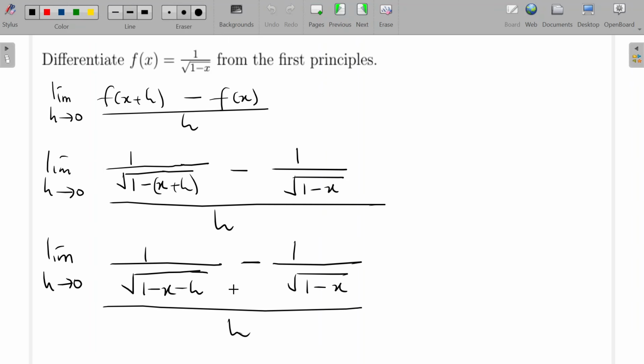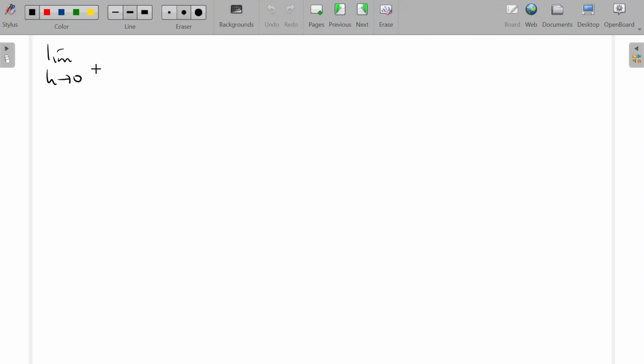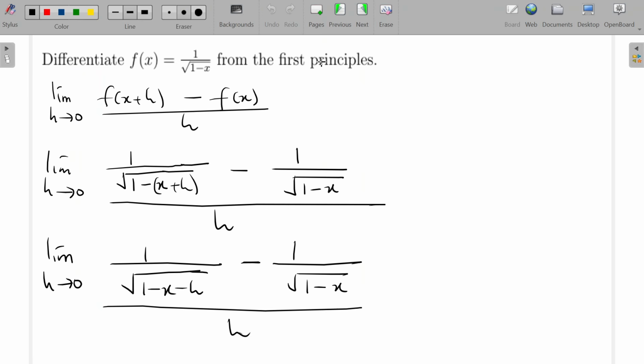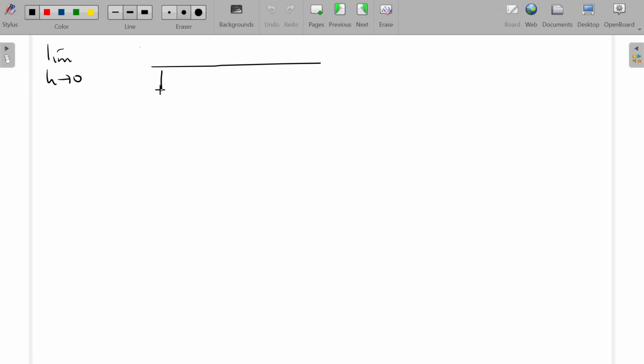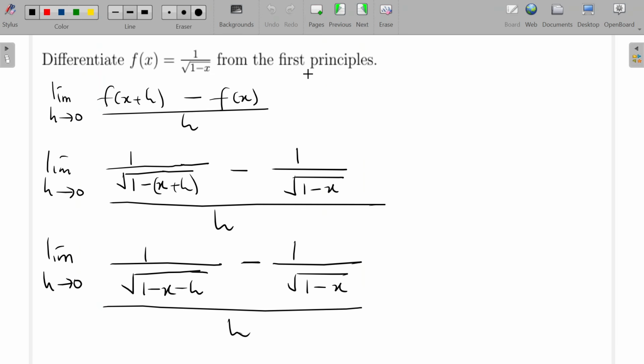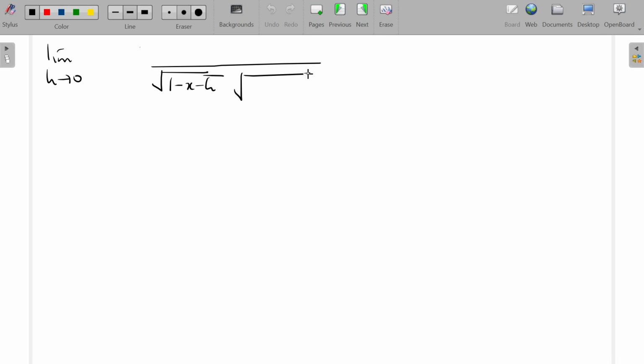The common denominator is the square root of 1 minus x minus h, times the square root of 1 minus x.